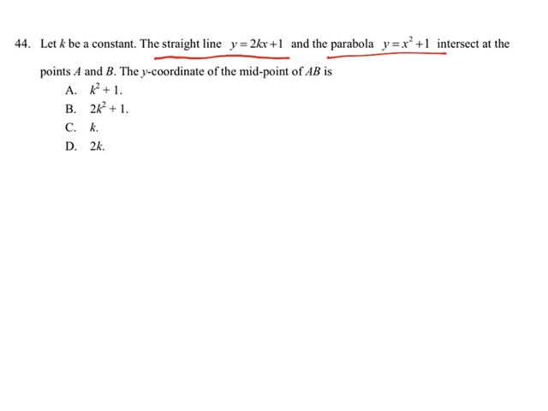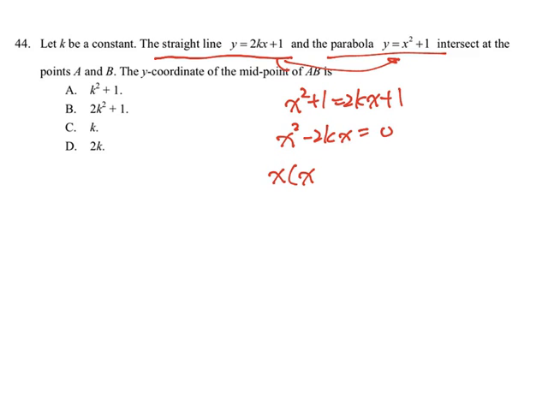Next question is about the intersection of a straight line and a parabola. We see the intersection points A and B, so we do a simultaneous equation for these two. So x squared plus 1 equals 2kx plus 1. We simplify: x squared minus 2kx equals 0, so x1 is 0 and the other one is 2k.